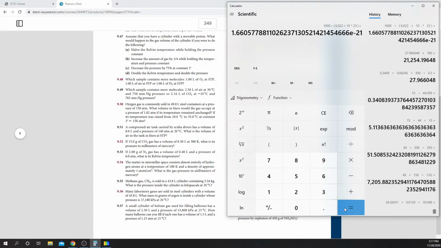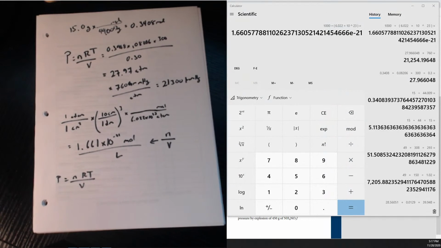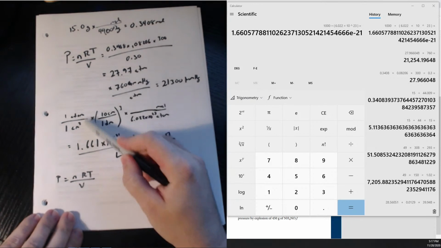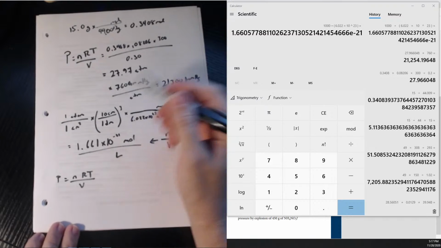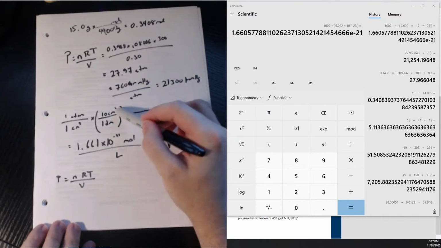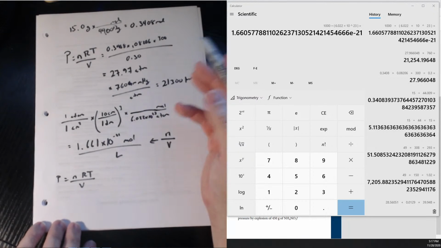Okay, so when we plug this into PV equals nRT, you'll see P equals nRT over V, and we already have the n over V part, so we can just multiply. Step by step, we have 1 atom per cubic centimeter. There are 10 centimeters in a decimeter, so we cube that and convert cubic centimeters to cubic decimeters, where 1 liter is 1 cubic decimeter.